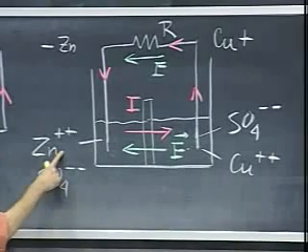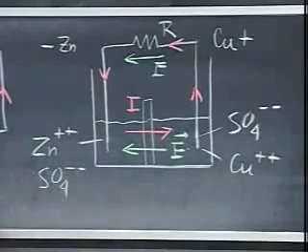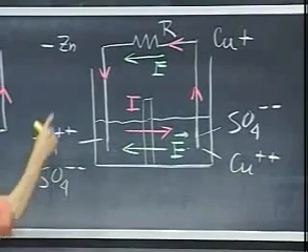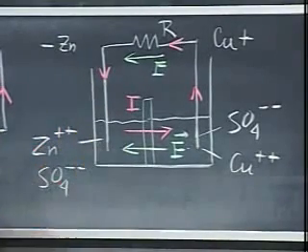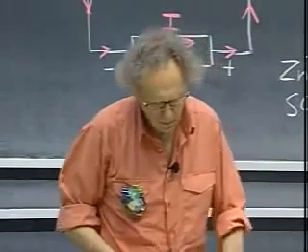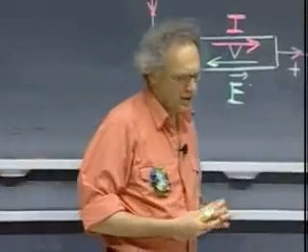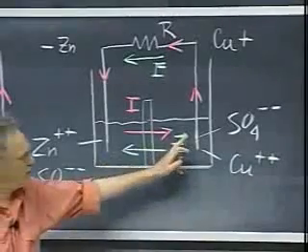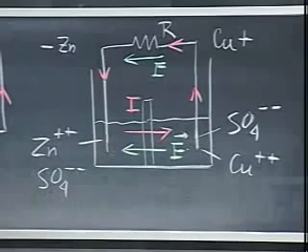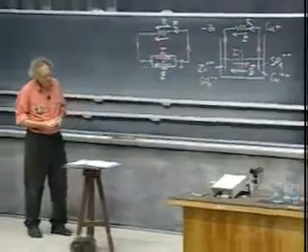Therefore, you also must get an increase of zinc plus, because again, this liquid there remains neutral. And that means that some of the zinc is being dissolved. So you get an increase in the concentration of the zinc. So the charge carriers inside this battery, the SO4 minus ions, travel through this barrier and they go from here to here. So they travel through an electric field that opposes their motion. And this happens at the expense of chemical energy.